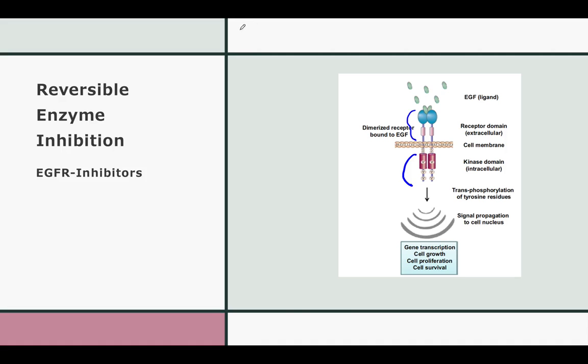Now, if you have changes, or the big word is aberration, if you have an aberration in specific kinases, this has been shown to lead to cancers and tumors.